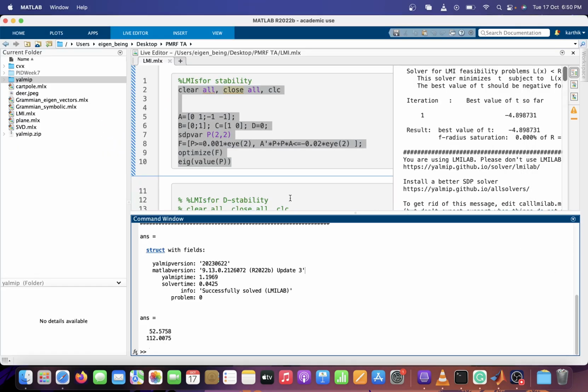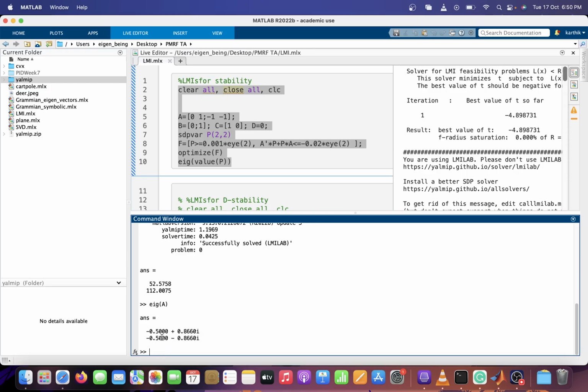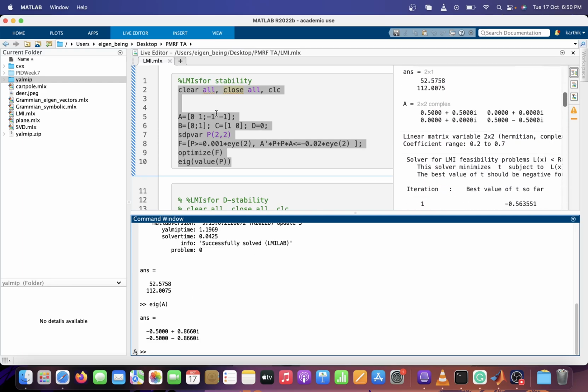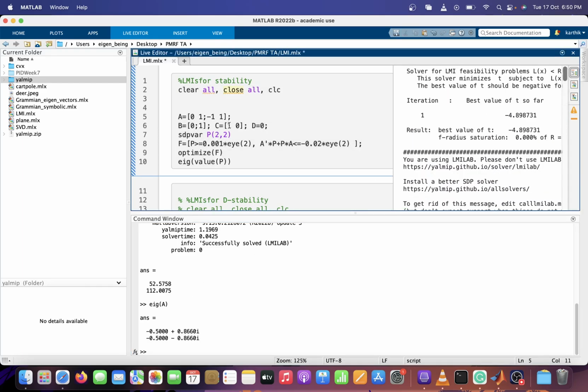So now we have solved this. Now what is the eigenvalue of A? If I want to see the eigenvalue of A, both are on the negative half, which means it should give me a feasible P. Now let's change the A matrix and rerun this code.